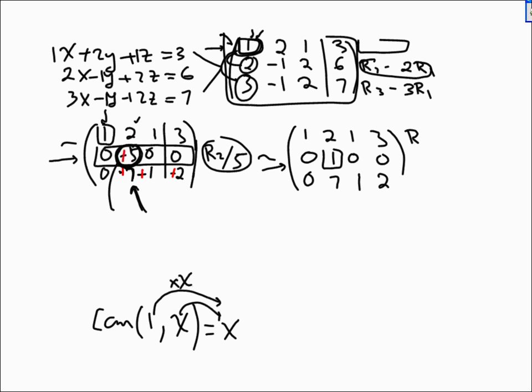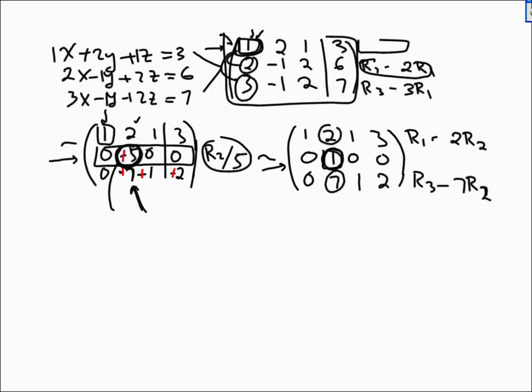If I keep row 1 the same, I have a 2 there. If I double row 2, I'll have a 2 there. Subtract. If I keep row 3 the same, I'll have a 7 there. If I multiply row 2 by 7, I'll have a 7 there. Subtract. It's a lot easier when we realize we can get that 5 to become a 1. The price you pay for not seeing that is a lot more calculations.